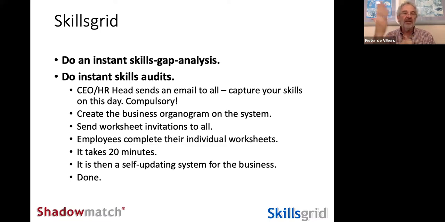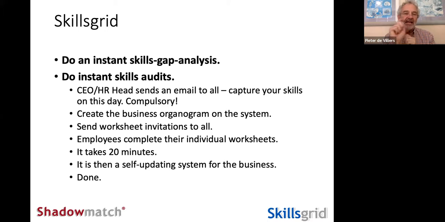And then in January, one sends an email, and in March, another one sends an email. They don't talk to one another. It's a disjointed thing. So we said, no, wait, relax. You don't have to do anything. The system will, on a regular basis, send a nice, decent, professional email to the guys. Say, guys and girls, please update your skills on the Skillsgrid system.